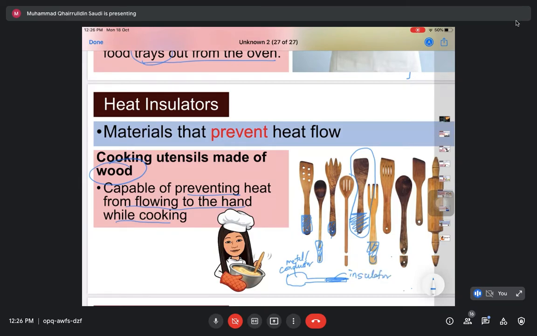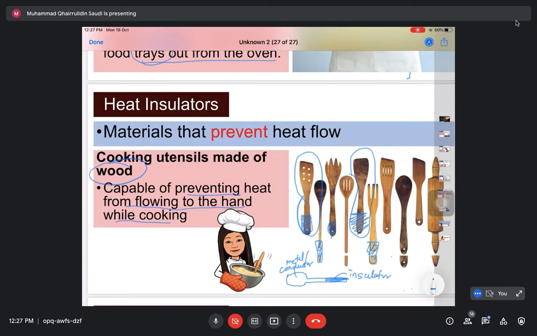Tapi kalau all of it are insulator, then we don't need anything lah, sebab kita tak perlukan heat tu untuk mengalir melalui senduk pun. Okay, we don't need heat tu mengalir ke senduk pun. But if heat tu mengalir ke senduk, tak ada masalah asalkan ada insulator sebagai dia punya handle.